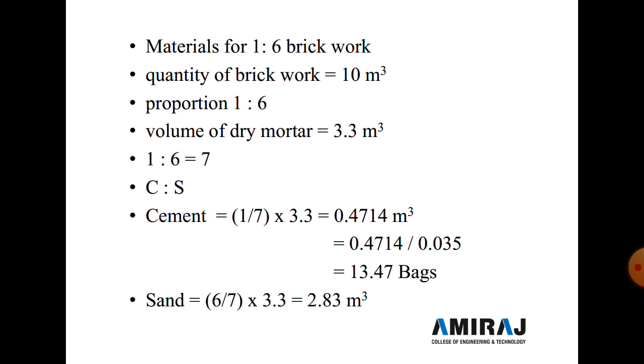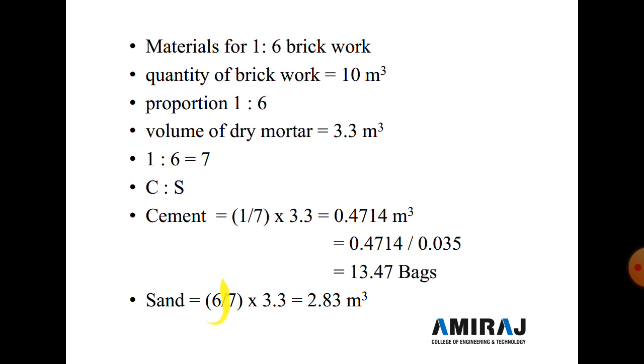So here 0.4714 divided by 0.035, we got the value 13.47 bags. So 13.47 bags are required for a 10 meter cube of brickwork, and sand is also required. So we calculate sand. Here the proportion is 1:6.